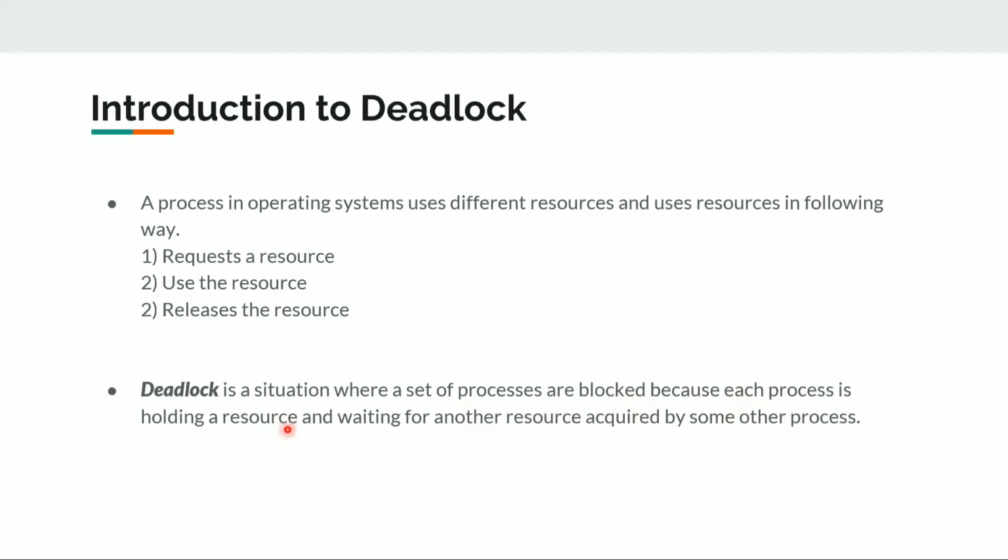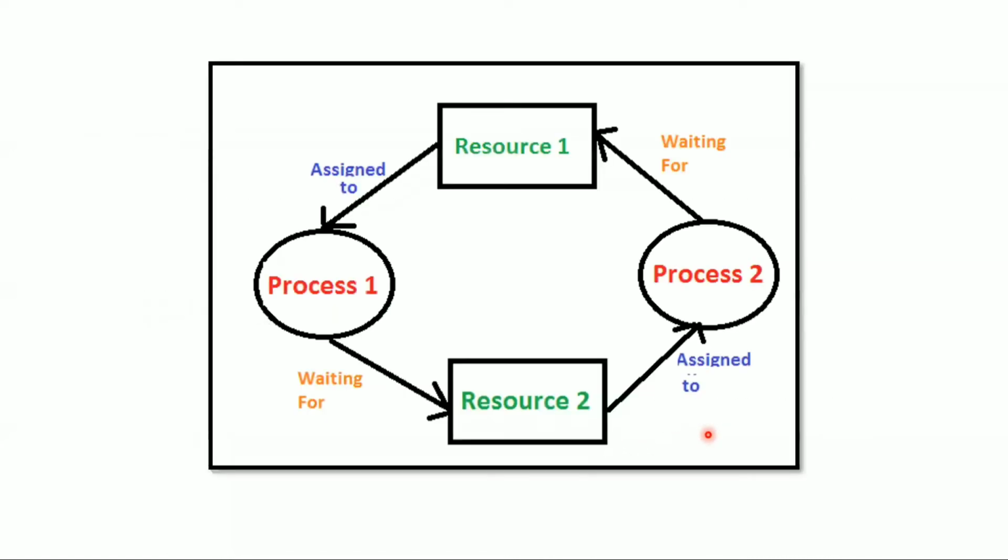because each process is holding a resource, as we'll see by example. Each process is holding a resource and waiting for another resource acquired by some other process. For example, this is process P1, and P1 is already holding resource 1. If resource 1 is, for example, a monitor or CPU, it is already assigned to P1. And P1 is saying, to get completed, I want resource 2.